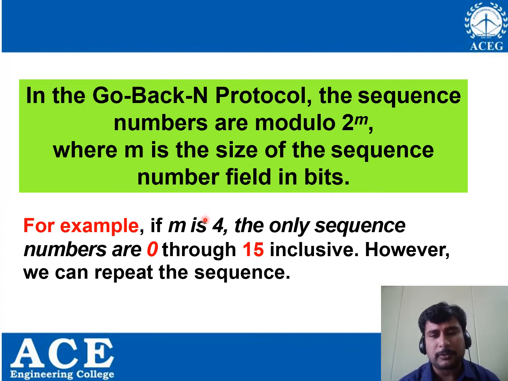Similarly, if m equals 4, the sequence numbers that can be used are 0 to 2 power m minus 1. Totally 2 power m equals 16 combinations are possible, with values from 0 to 2 power 4 minus 1, which is 15, and this sequence can repeat.